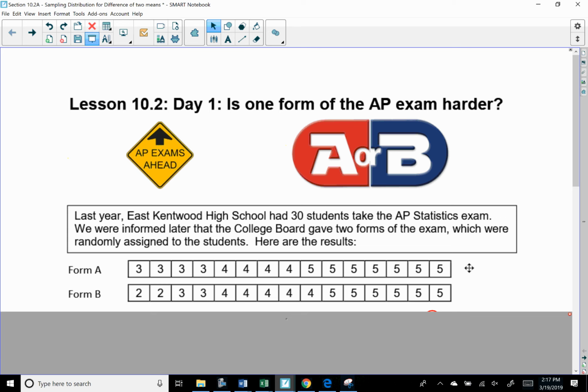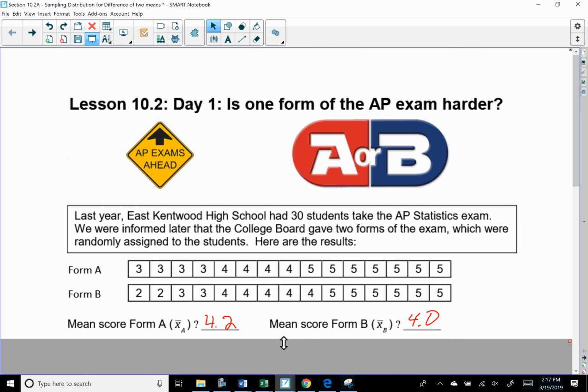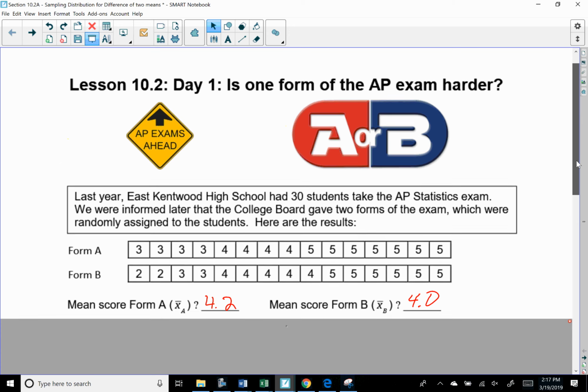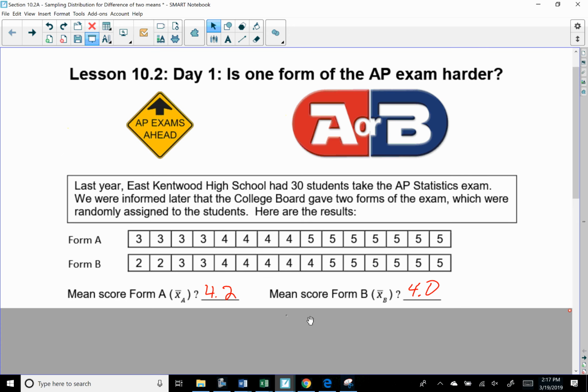If we summarize the data on both of these, we would get a mean score of 4.2 for Form A and a mean score of 4.0 for Form B, which might suggest that maybe Form B is a little bit more difficult. Might suggest.